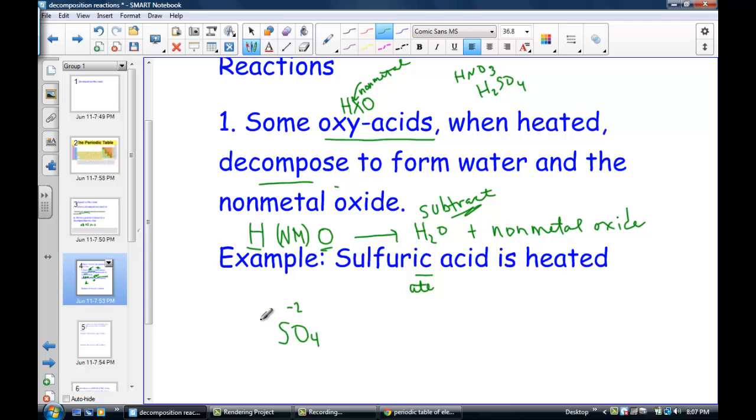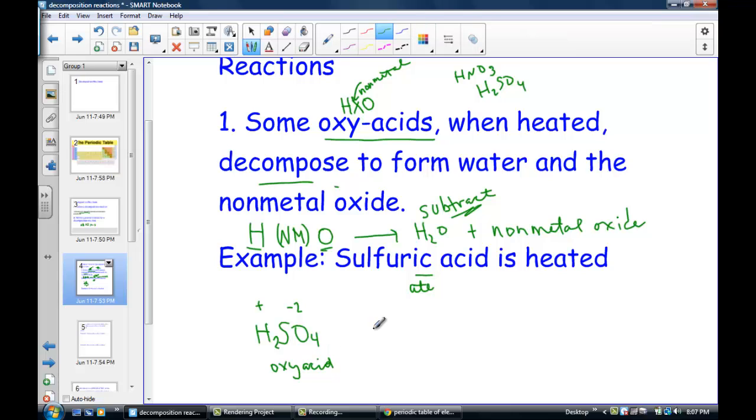To make it an acid, its first name must be the hydrogen ion, which we know carries a +1. To make it electrically neutral, H2SO4. Sulfuric acid is called an oxyacid.